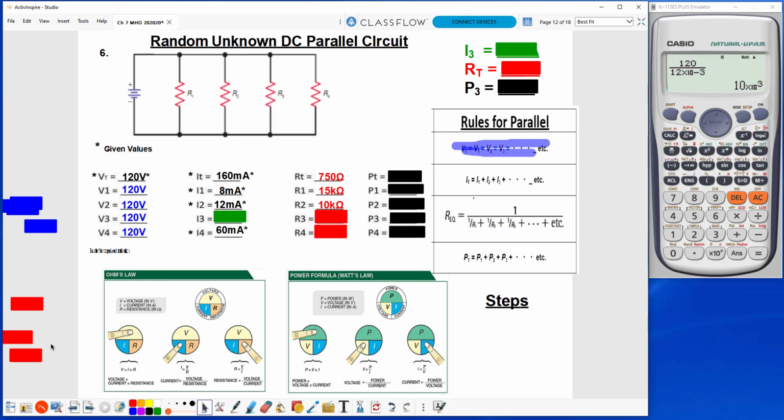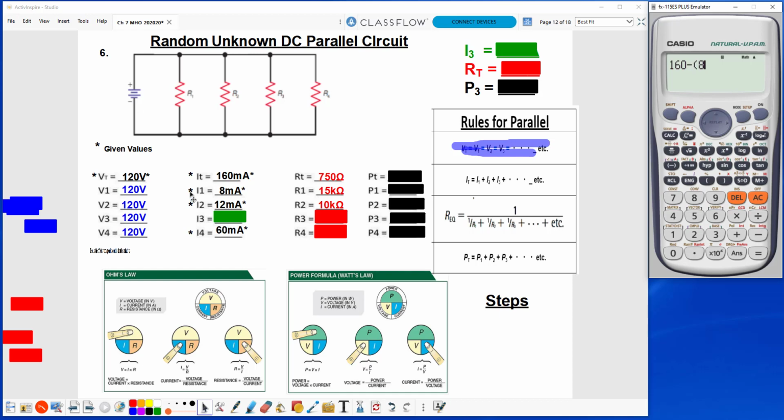So the way that I can find I3 is by subtracting I1, I2, and I4 from IT. If I subtract those three values from IT, it will give me the value of I3. So we're going to take our 160 minus open parentheses. We got 8 milliamps. So we're just going to use the numbers without metric prefix.